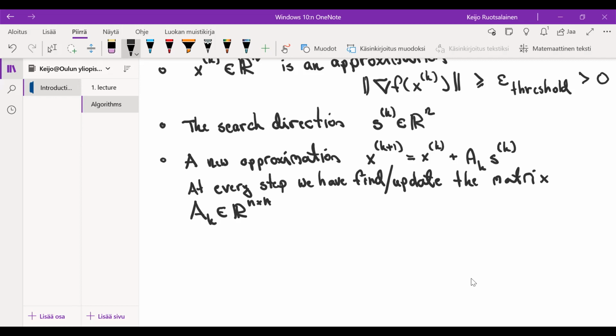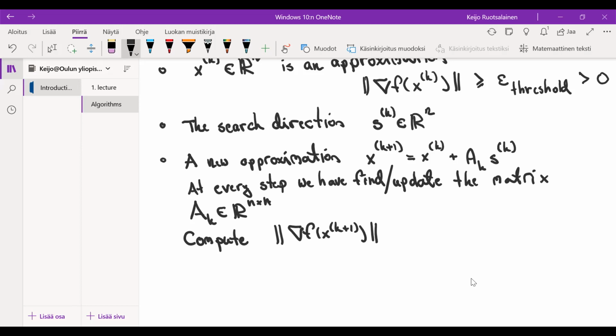And then, of course, we have to check whether the new approximation is satisfying the condition.